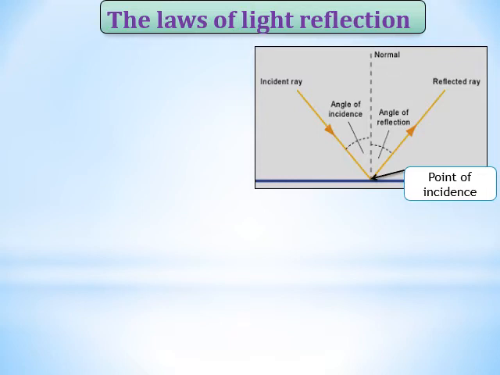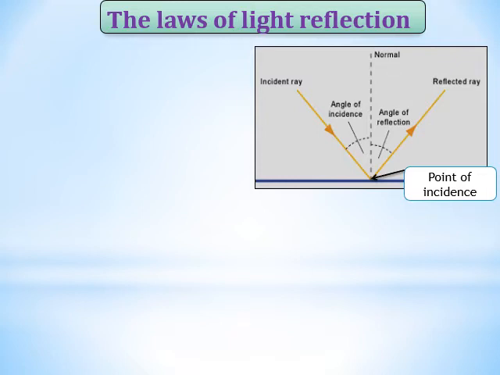And the normal is the perpendicular line on a reflecting surface. Then I have the angle of incidence, which is the angle between the incident ray and the normal. The angle of reflection is the angle between the reflected ray and the normal.